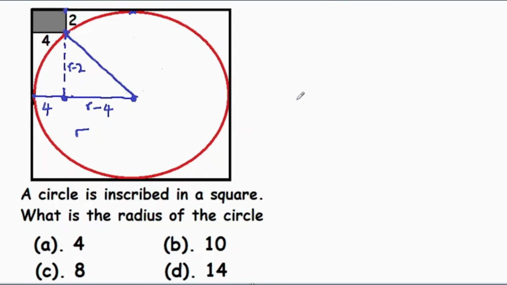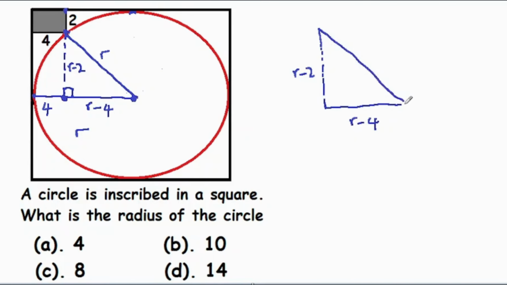Good. Now I have a right angle triangle, and mind you, this is a radius. From the center of the circle to any point on the circumference is a radius. So this is 90 degrees. So let's draw out that right angle triangle. So we have this. These are r negative 2. This is r negative 4.